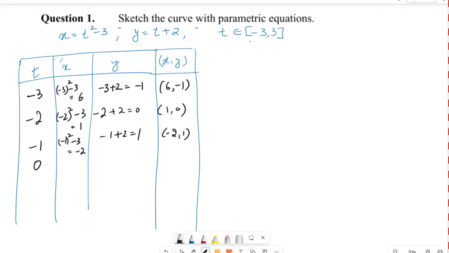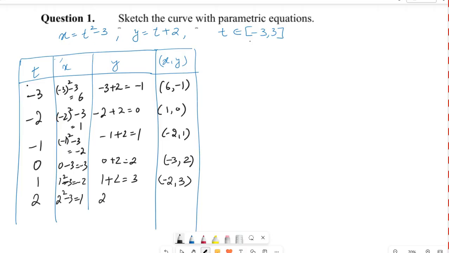Let's try 0. 0 minus 3 is -3, and 0 plus 2 is 2. The point is (-3, 2). For 1, 1 squared minus 3 is -2, and 1 plus 2 is 3. The point is (-2, 3). For 2, 2 squared minus 3 is 1, and 2 plus 2 is 4. The point is (1, 4).